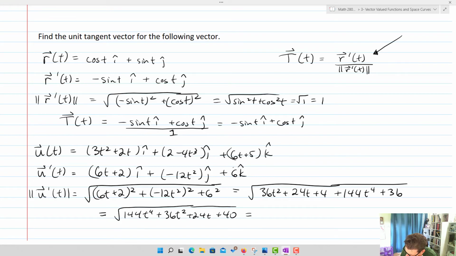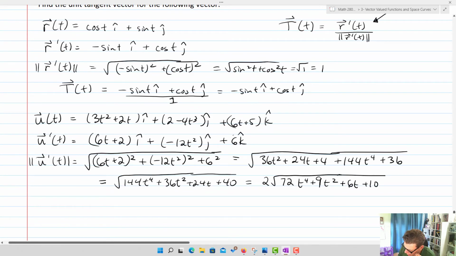And what we could do there is pull out a 4. So this is going to be 2 times the square root of 36t to the fourth plus 9t squared plus 6t plus 10.